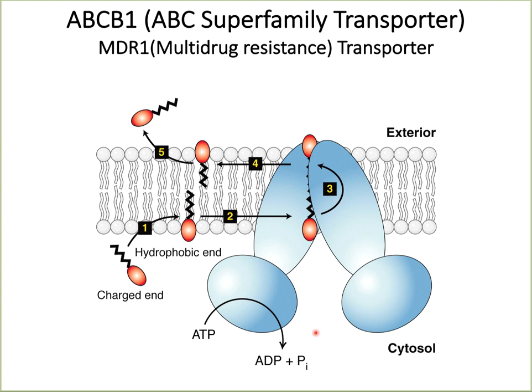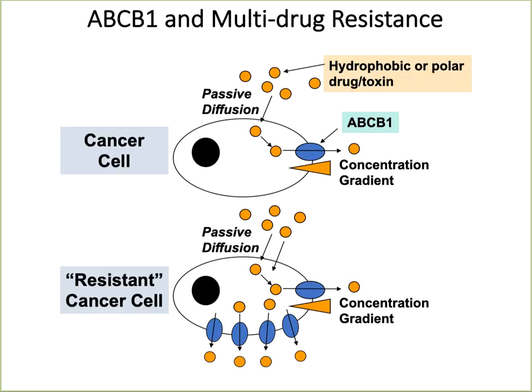The ABCB1 transporter is somewhat specific for a single substrate or group of related substrates. It can move ions, amino acids, phospholipids, and even proteins. It can move a family of charged molecules. So this is quite relevant in chemotherapeutic interventions in patients that have cancer.